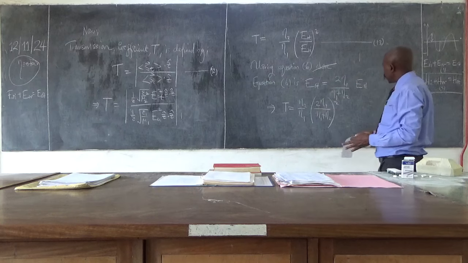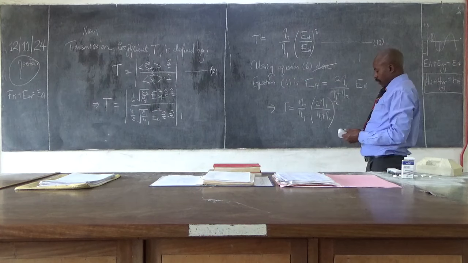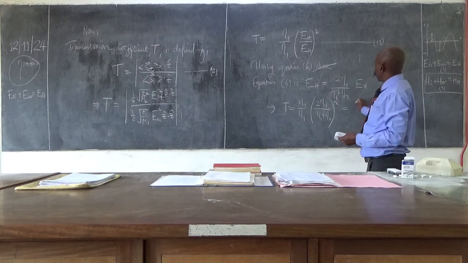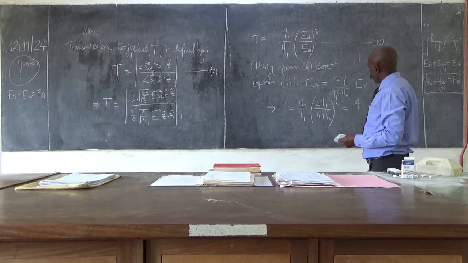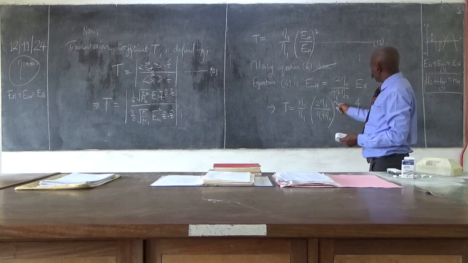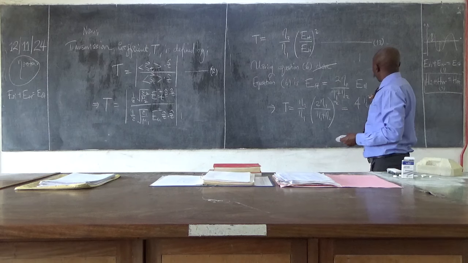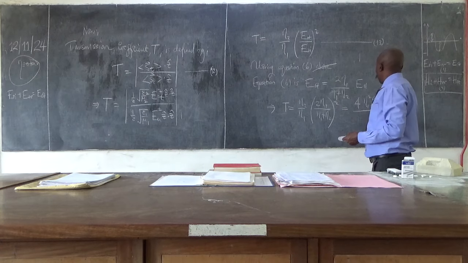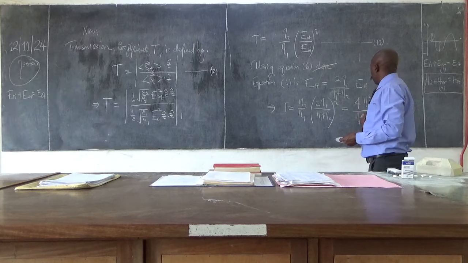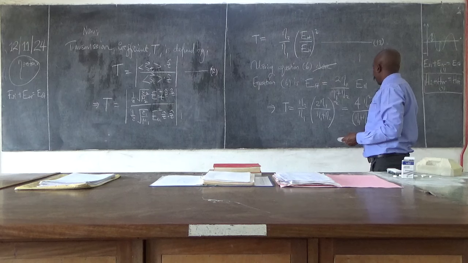And this would be the same as, this would be equal to 4, and this will be now eta 1 squared, eta 2 over eta 1 plus eta 2 squared eta 1.